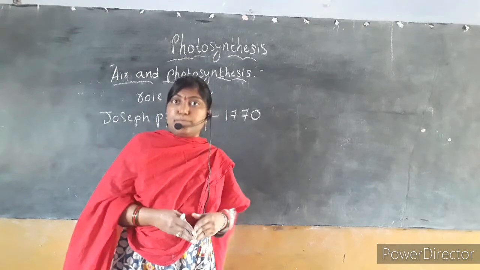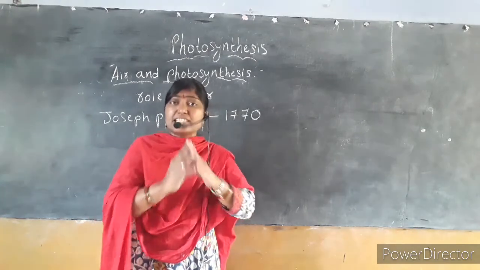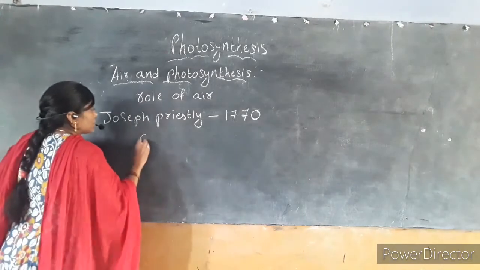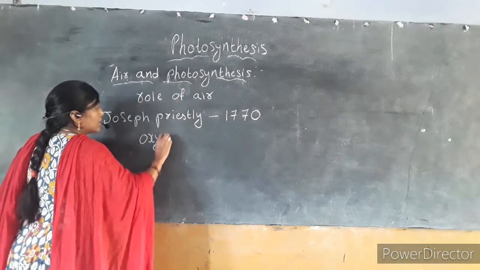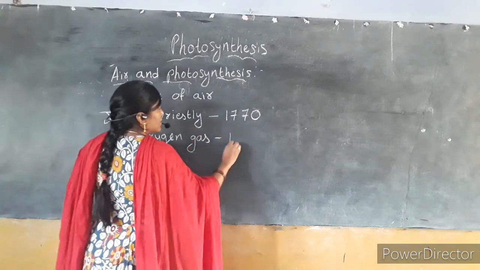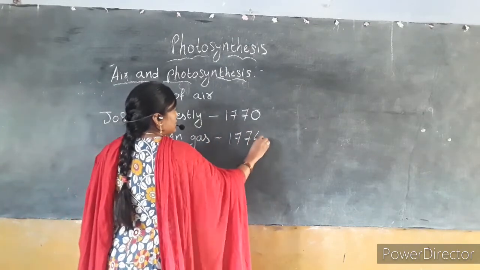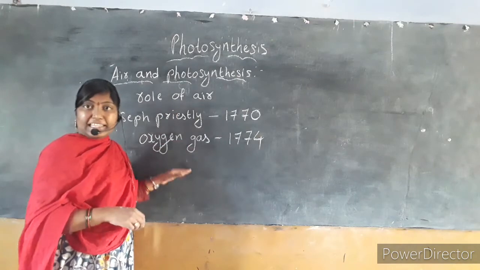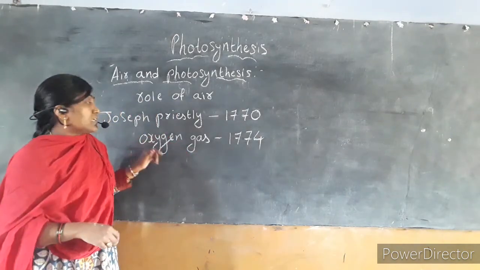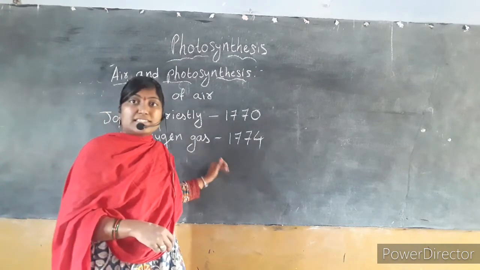During his experiments, he discovered the oxygen gas. Joseph Priestley discovered the oxygen gas in the year 1774.